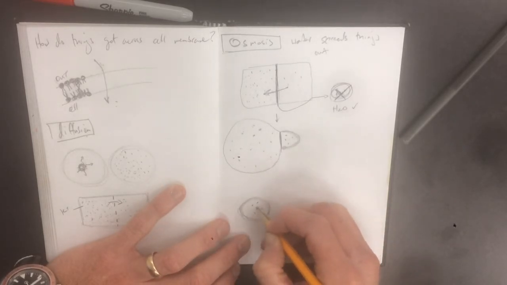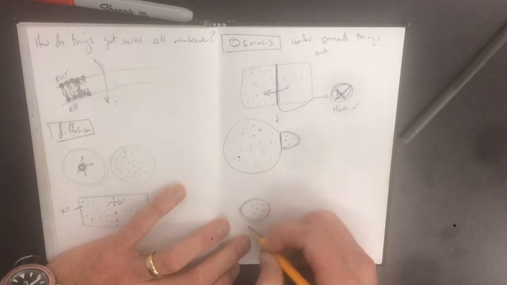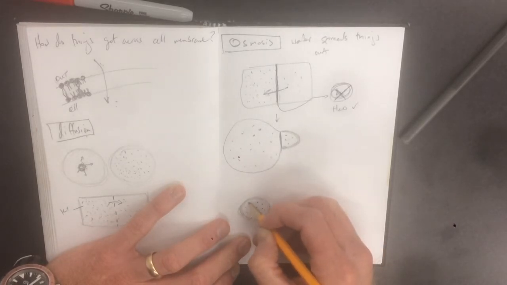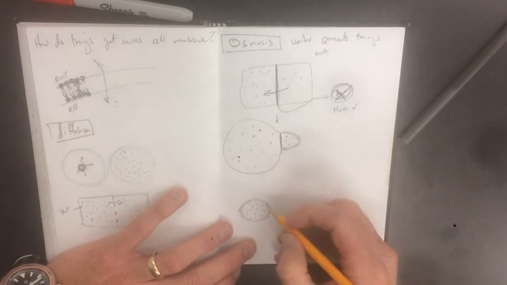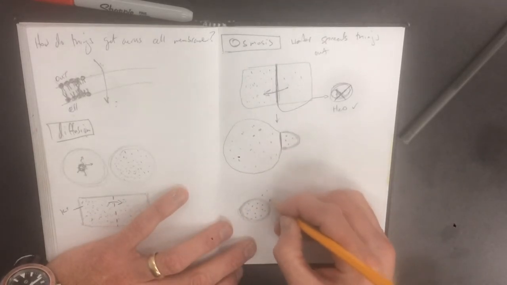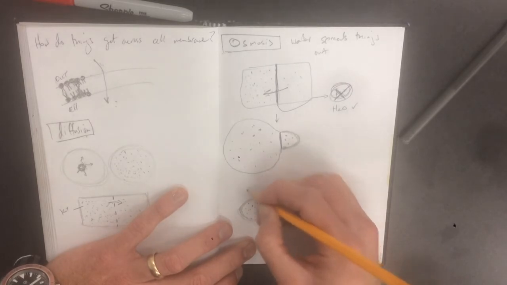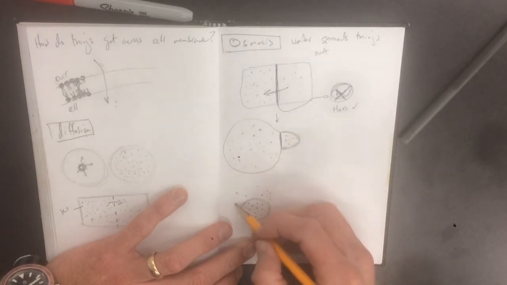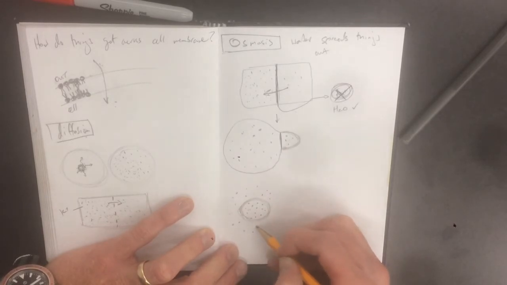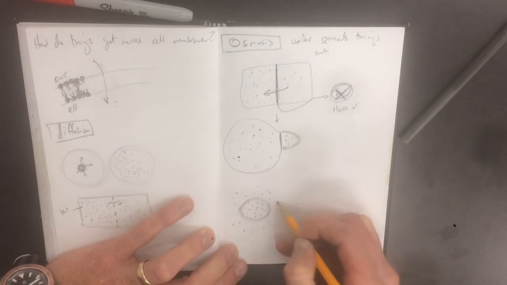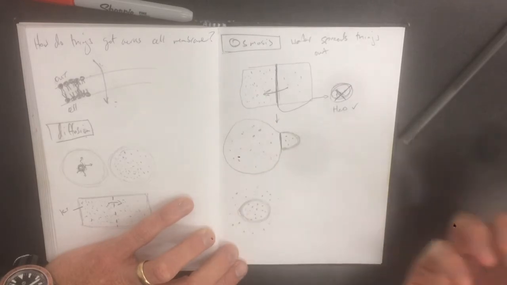Let's say they contain particles in about this concentration. Now let's say we put that cell in a solution where the concentration of particles on the outside of the cell is about equal to the concentration of particles on the inside of the cell. These could be ions, sugars, fats, whatever.